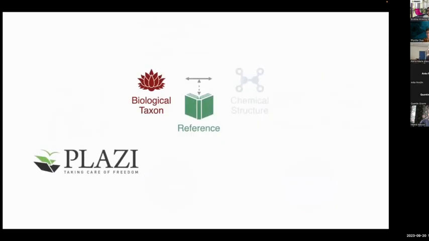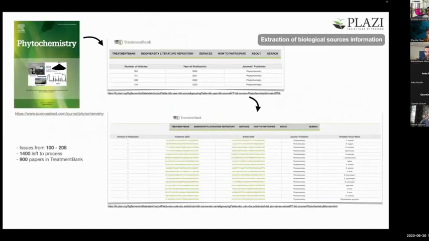So this was the objective of the collaboration with the expertise of Plazi: to extract biological organisms out of a relevant corpus of publications. For this, we started with Phytochemistry, which is a typical natural products journal. And the team at Plazi has been extracting the corresponding treatments out of a set of more than 1,000 of these PDFs.